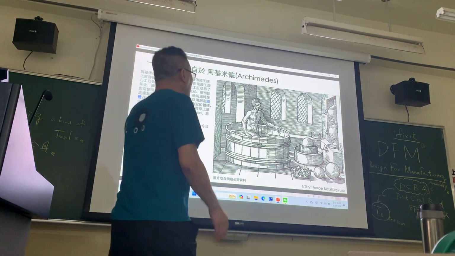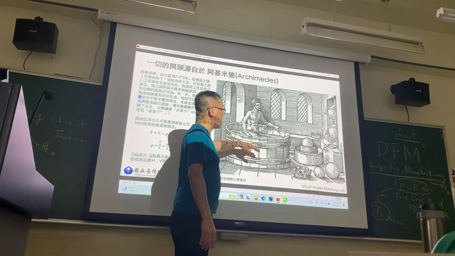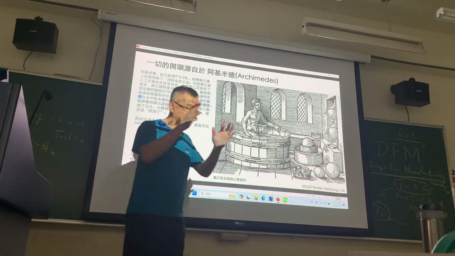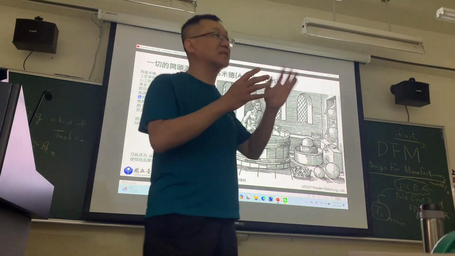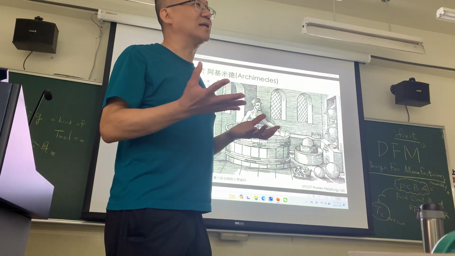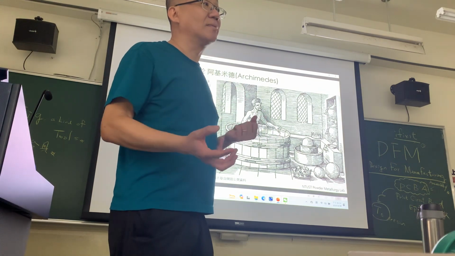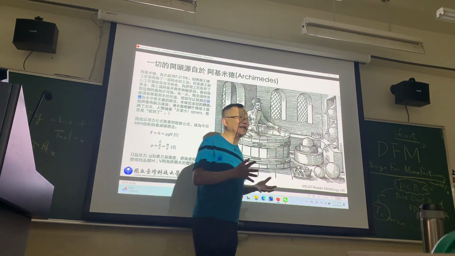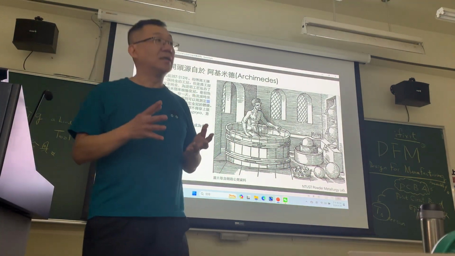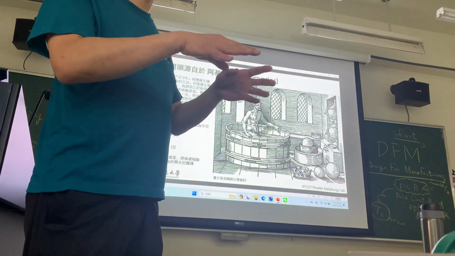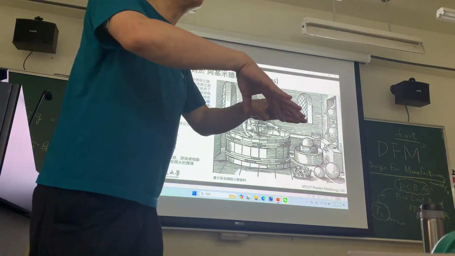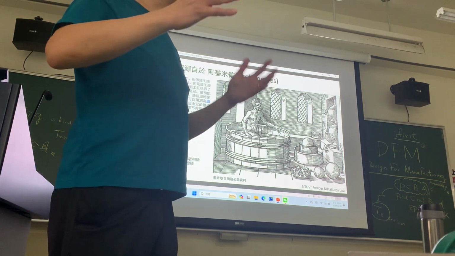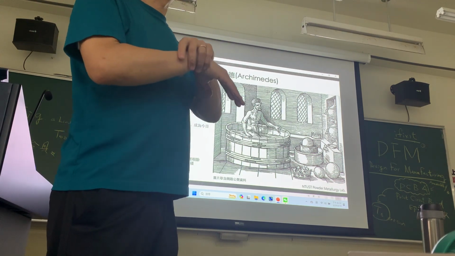So you go into the water, then you find some water goes outside. Different materials inside make the water outside different, so we can check the volume. Because it's easy to know the mass, but not easy to know the volume. We put something into the water, the water will overflow, and then we can use this to count the volume.